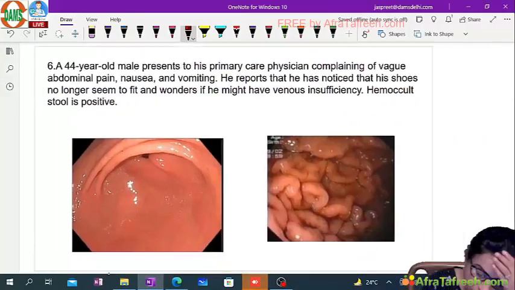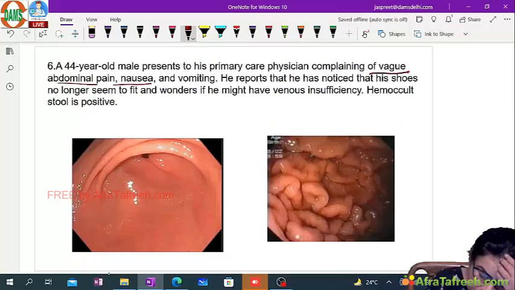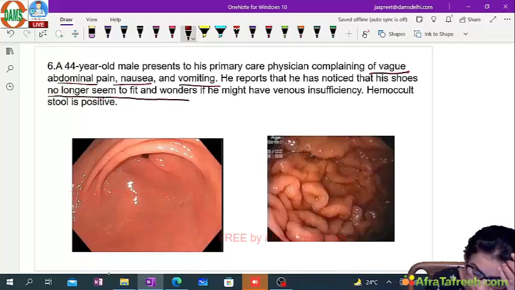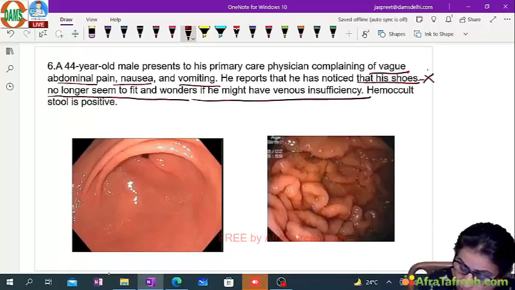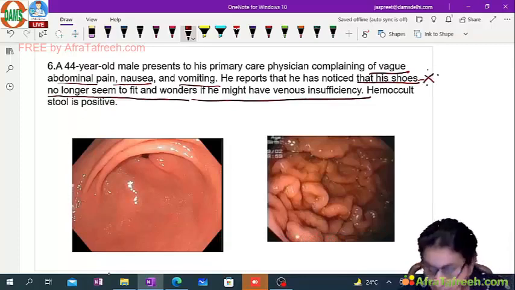A 44-year-old male presents to his primary physician complaining of vague abdominal pain, nausea, and vomiting. He reports that his shoes no longer seem to fit, and wonders if he might have venous insufficiency. Okay, so his shoes no longer seem to fit. So what does that tell you?